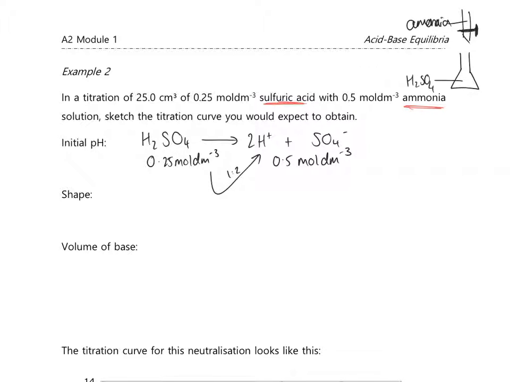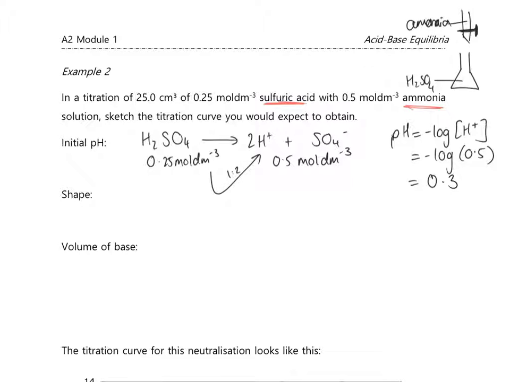What do I do with that value? You put it in the minus log. Good. pH equals minus log concentration of your H plus ions, which is minus log 0.5, which works out as 0.3.